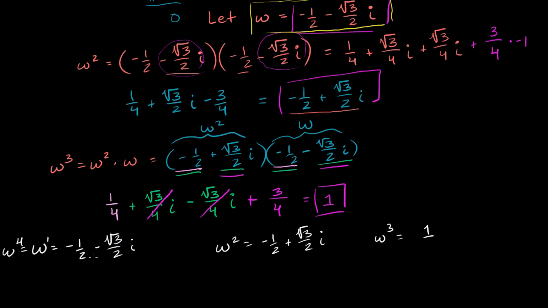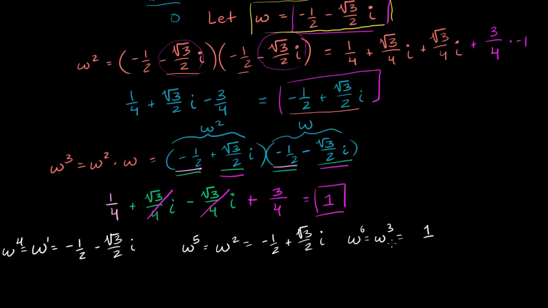Omega times this is the same thing as omega squared, so it's going to be that. So this is omega to the fifth power. And what's omega to the sixth power? Well, that's just the same thing as taking omega cubed and squaring it, so this is also going to be 1. Or you could just view it as this times omega, because it's to the fifth power, and we saw that that's also equal to 1.